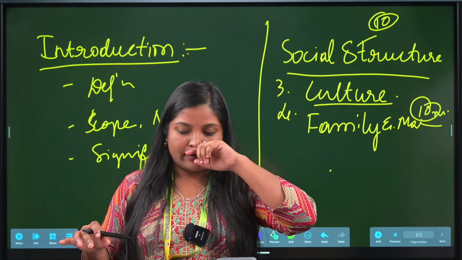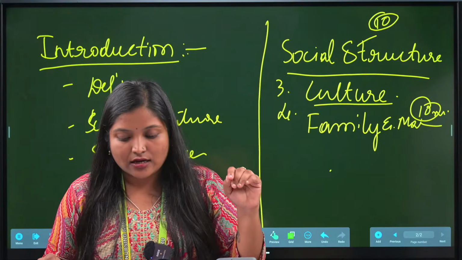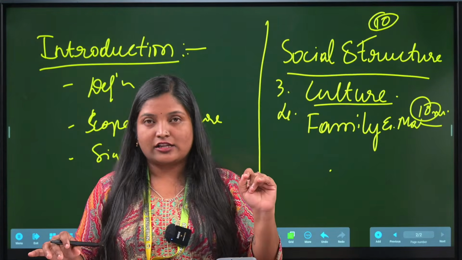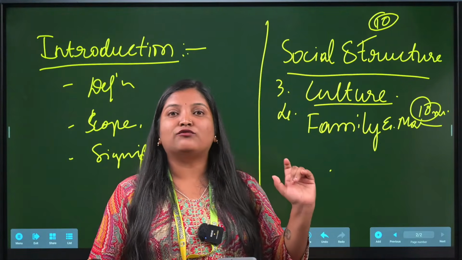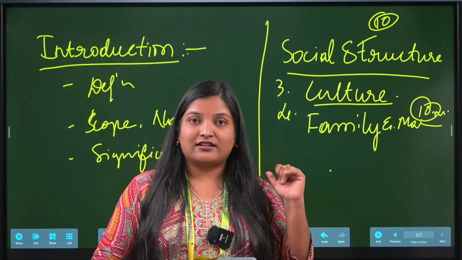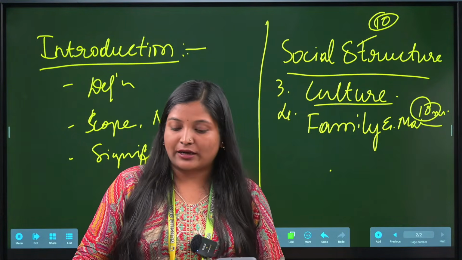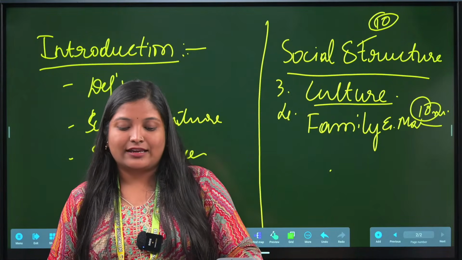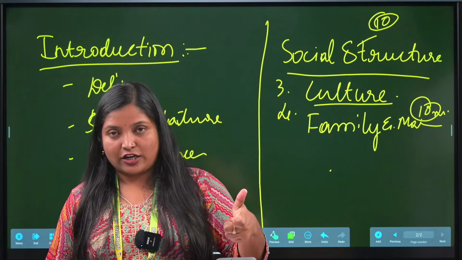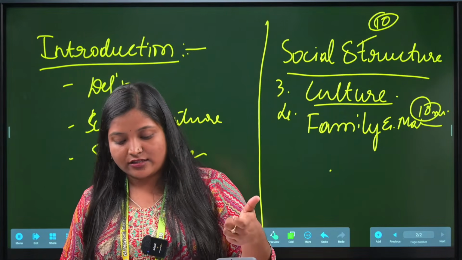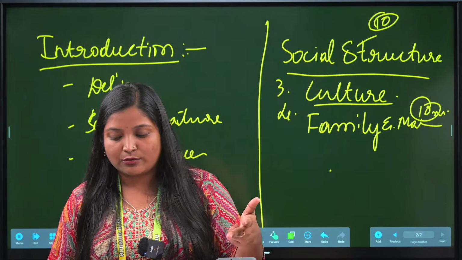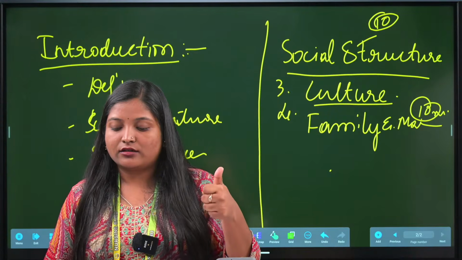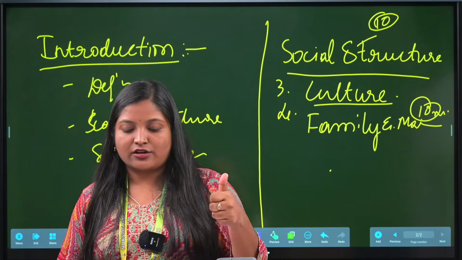The next one, evaluate the influence of class, caste and race on health and health practices. So how caste, class and race influence health and health practices. The next are short questions: class, caste, define stratification, define racism, horizontal mobility, vertical mobility, social mobility, intergenerational and intragenerational mobility.